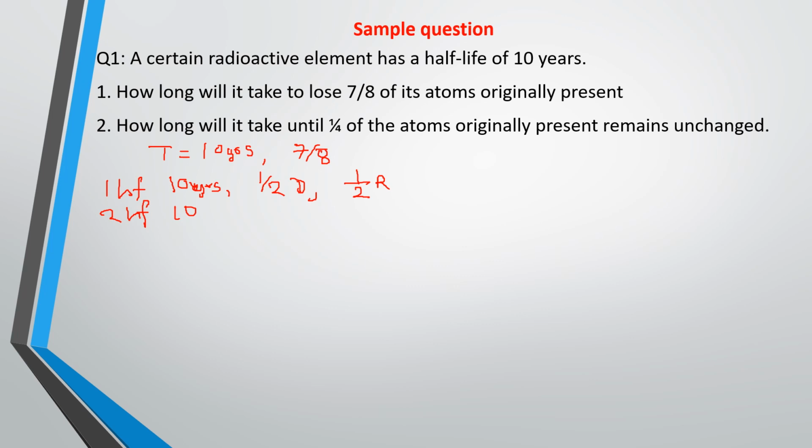At two half-lives, 3/4 of the substance has decayed, and 1/4 of the substance will be remaining. We know how we got this one: the initial amount minus what is remaining, which is 1/4, will give you 3/4.